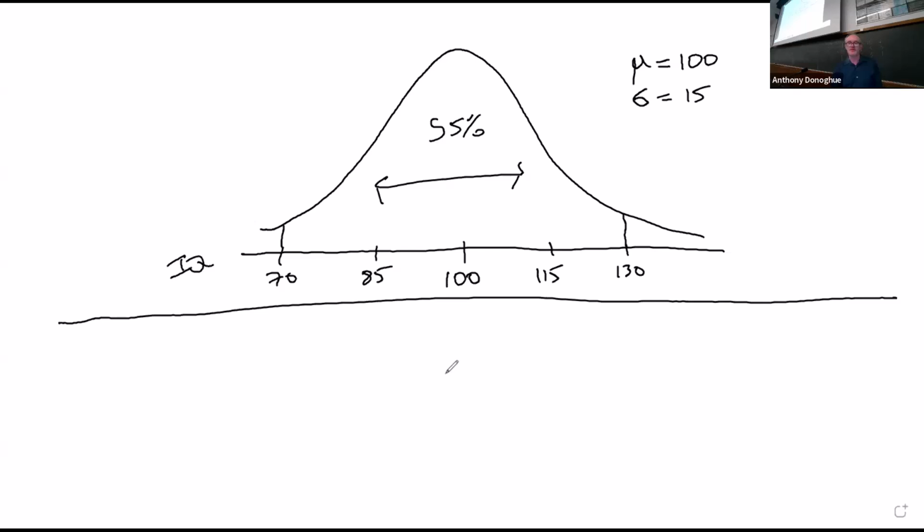It's basically a distribution of sample statistics based on the same sample size.